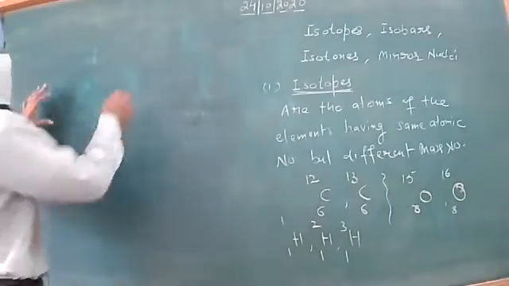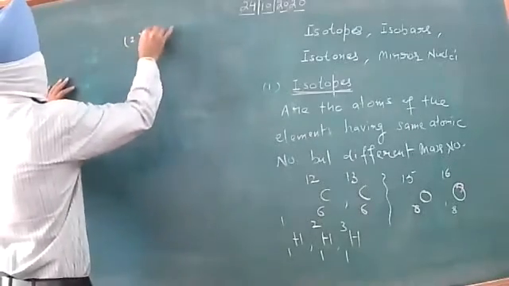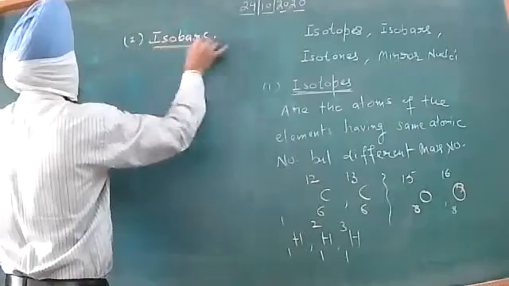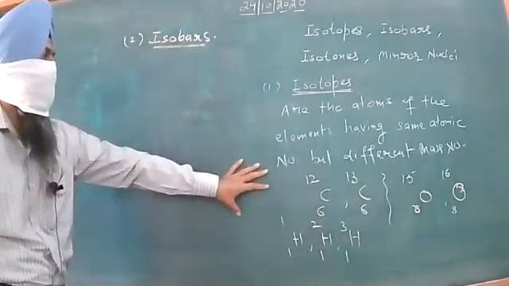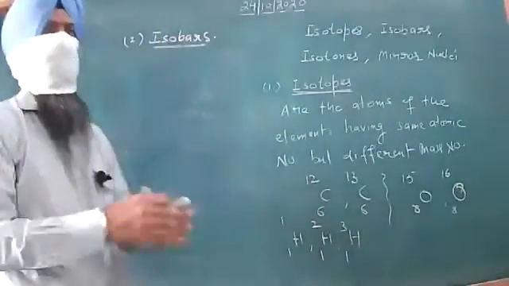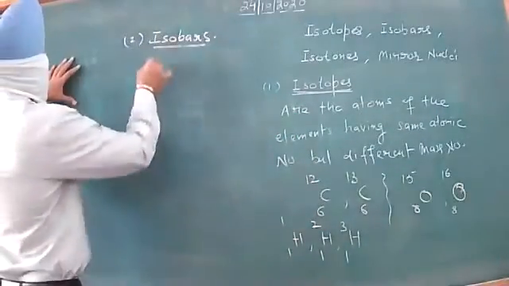Then we come to the second, isobars. Isobars are the atoms of the elements having the same mass number but different atomic number. Matlab A is the same, Z becomes different.